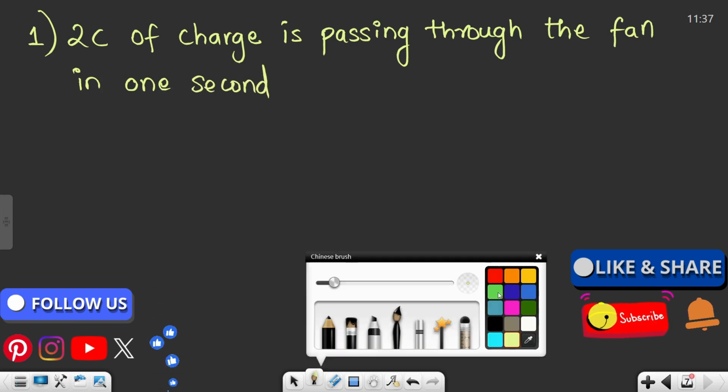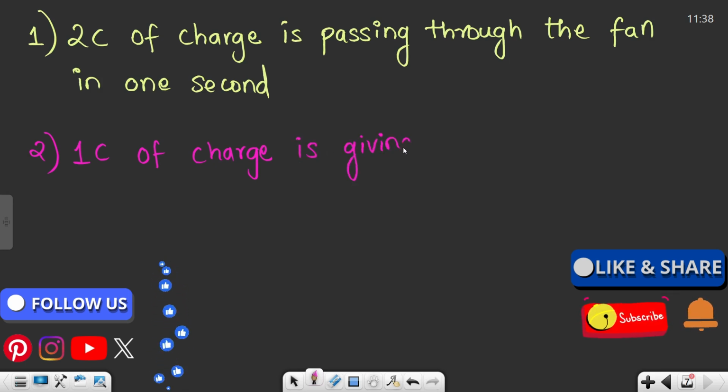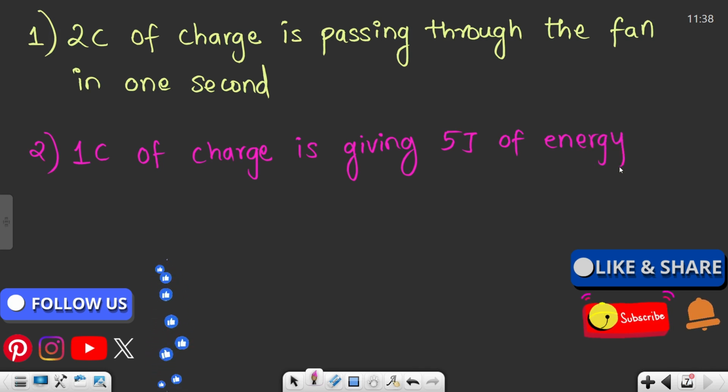The second point that we saw was this, that 1 coulomb of charge is giving or providing, whatever you want to say, how much energy? 5 joule of energy to the fan. 1 coulomb of charge is providing 5 joule of energy.